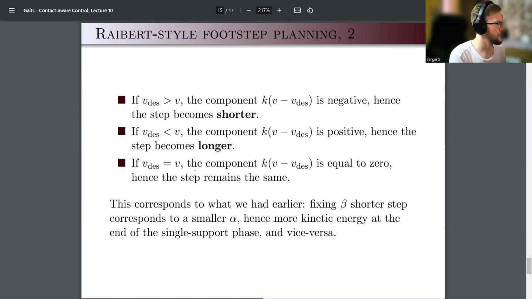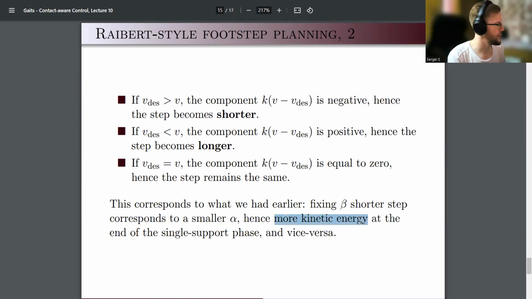If they're equal, then the steps remain the same. So this component does not influence the steps. Notice that this corresponds exactly to what we did before.